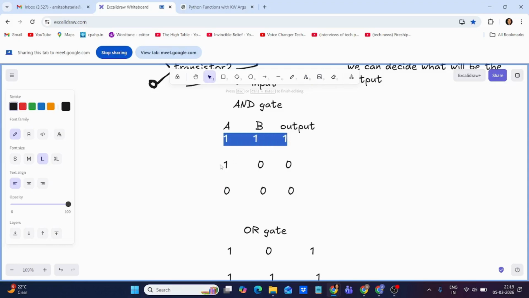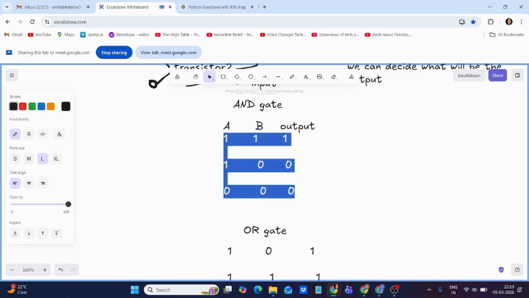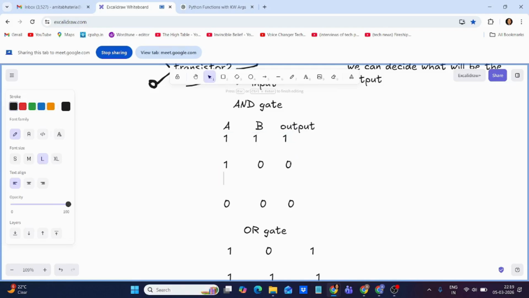If only one input is true, for example, input A is true and the other input B is false, then the output will be false, right? And the same can happen if A is 0 and B is 1. Then the output will be what?